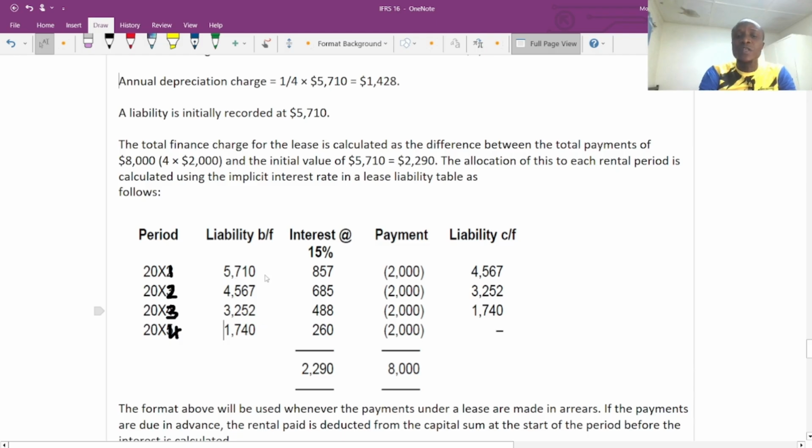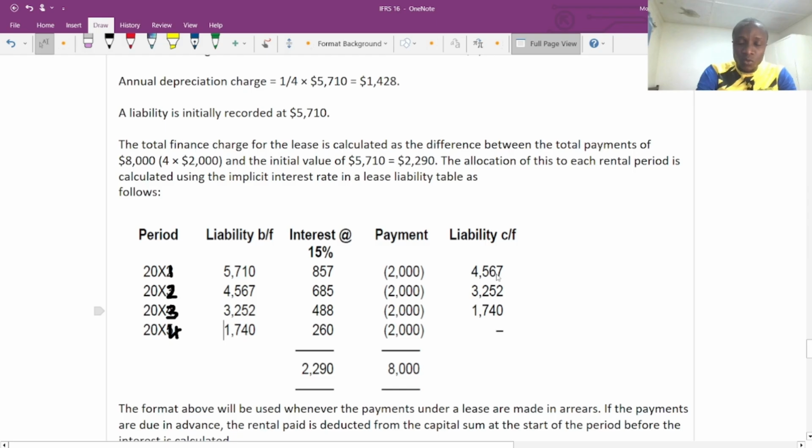So we need to increase the liability before we deduct the payment. So this is the concept. Very simple. So now 15% of 5710 will give us 857, and we are going to subtract 2000, the cash payment that is made by the lessee to the lessor. So the closing liability will be 4567 for year one.